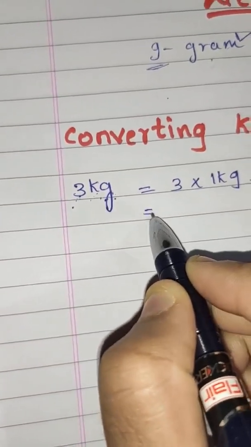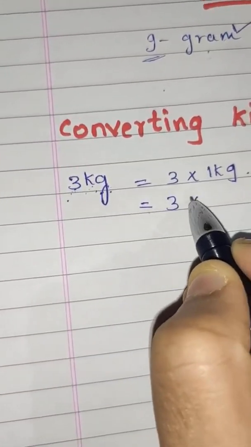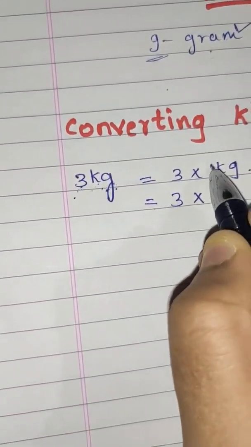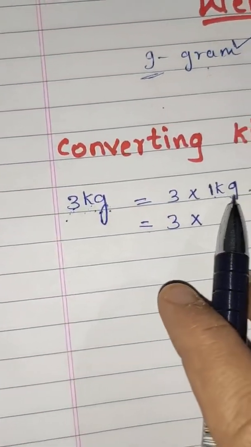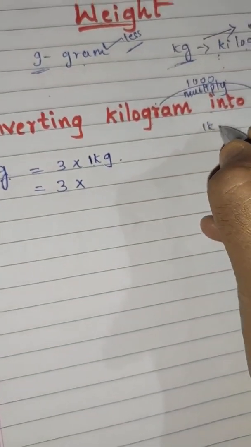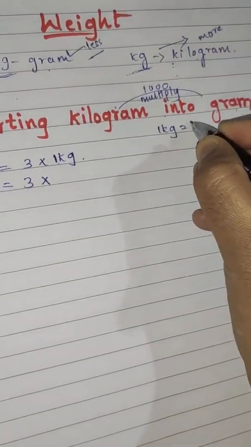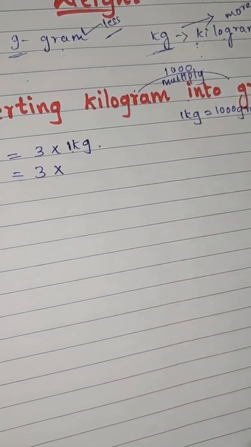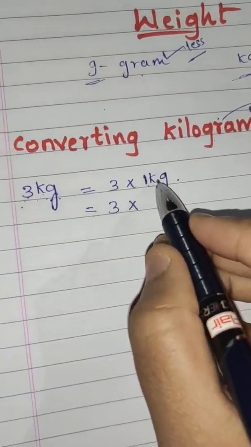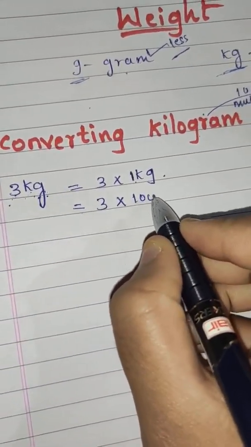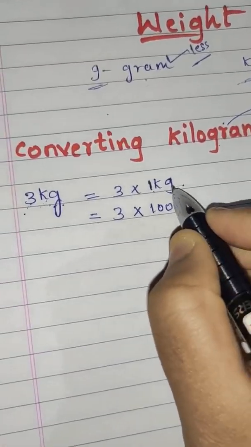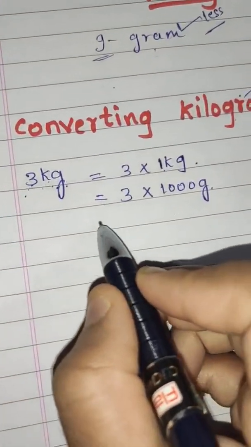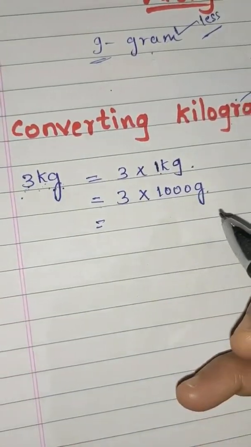Isn't it? So 3 as it is, I am going to write here 3 into 1 kg. You know that 1 kg is equal to how many grams? It is 1000 gram. So 3 into 1 kg is 3 into 1000 gram. Next, let us multiply it.